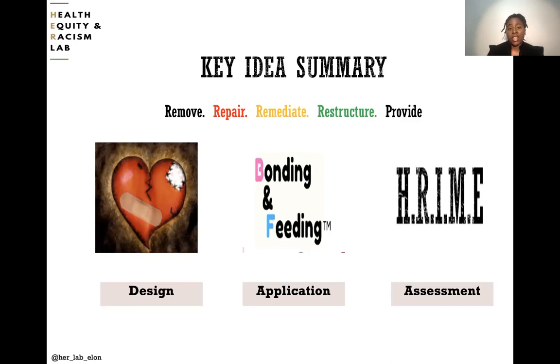So that's another way to think about using it too. As you're collecting data, you can use it as a framework to guide how you analyze that data. So it can be used in multiple applications because of the design of this unique framework. And of course, you need to assess how you've applied it, and that's where the HRIME scoring guide comes into play as well.